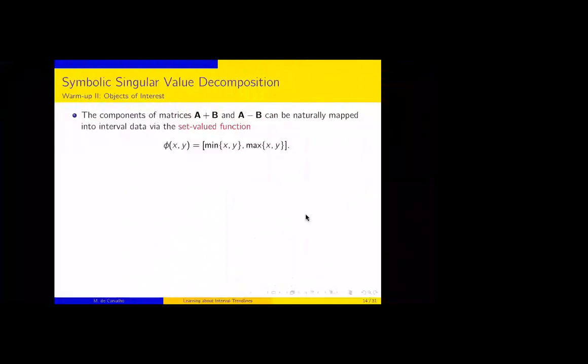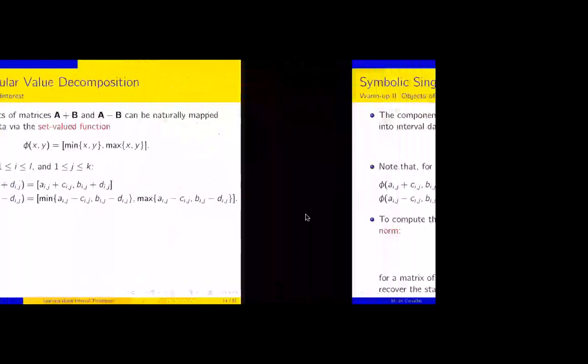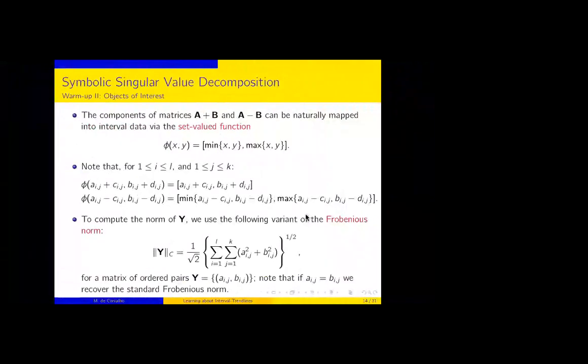It will become apparent next that when A is equal to B, that is, when the interval degenerates into a single observation, we just get back to standard singular spectral analysis methodologies.